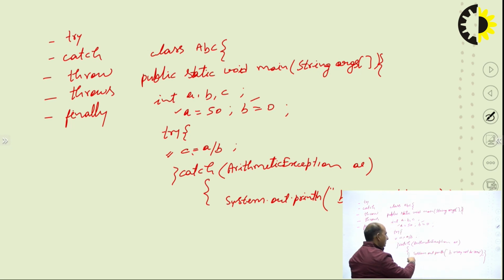After catching, I have just displayed a message that B may not be 0, B should be some non-zero value, but control will come here only if the value of B is 0.